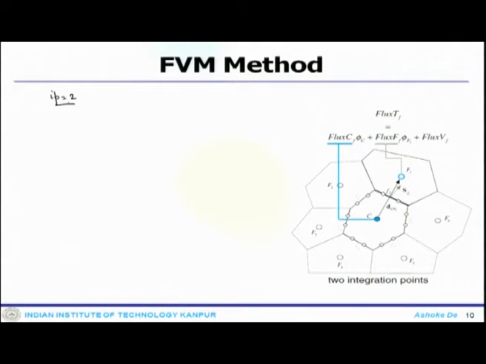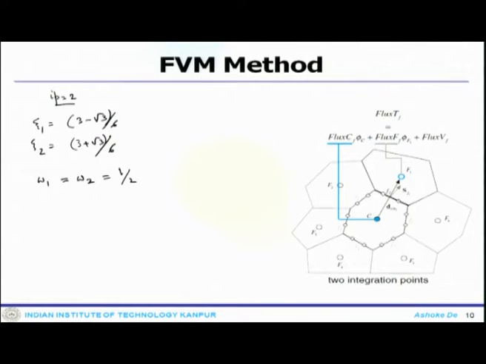Now my weighting functions are going to be different and I can get 2 different numbers xi1 and xi2, and weighting function W1 equals W2 equals half. In the previous case I had 1 integration point, so W1 was 1.